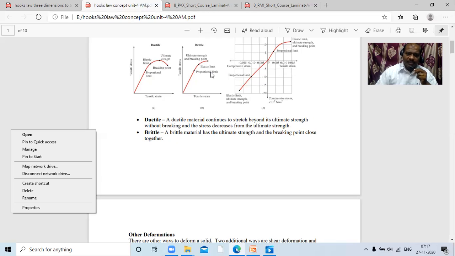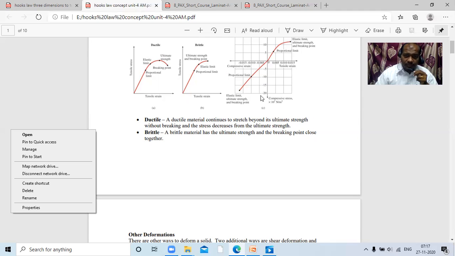That is not happening in ductile material. This is the first difference to be observed. The next difference is that ductile material gives a warning. That means beyond the ultimate strength also, the material keeps functioning, but in brittle material that will not happen. That is the inference we can draw from this graph.